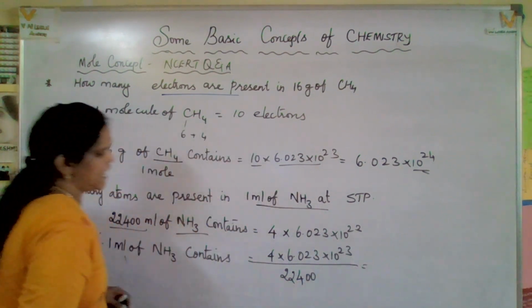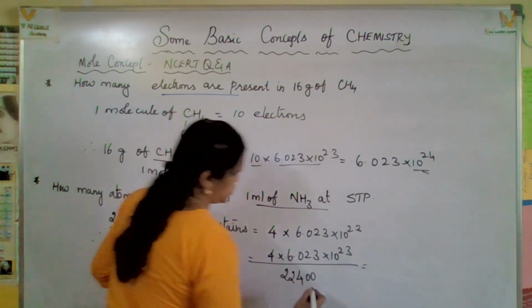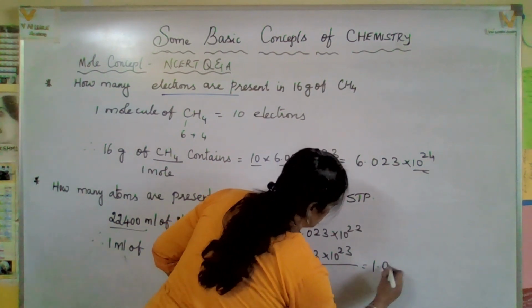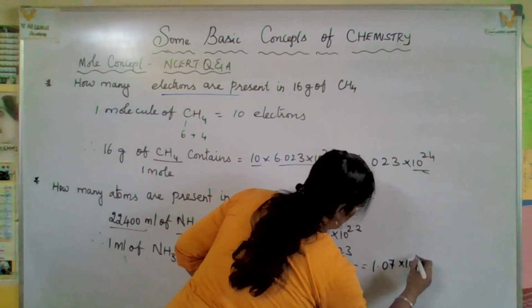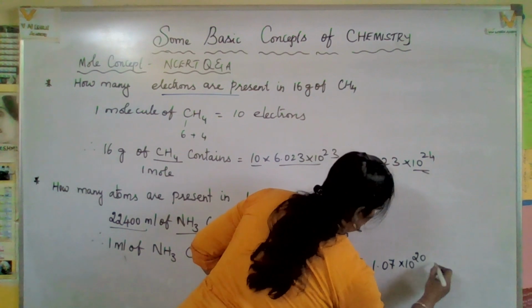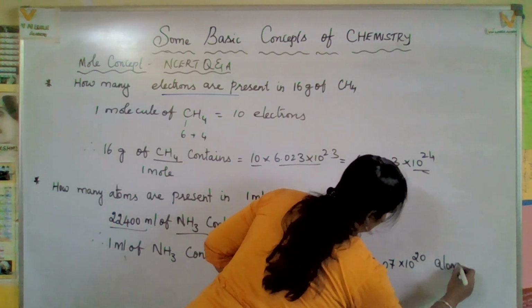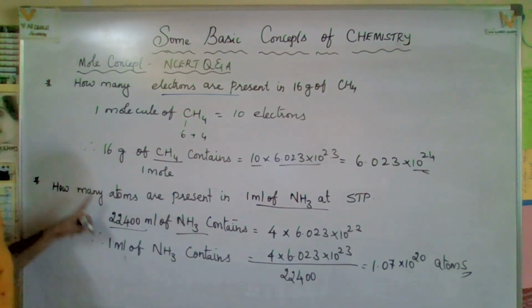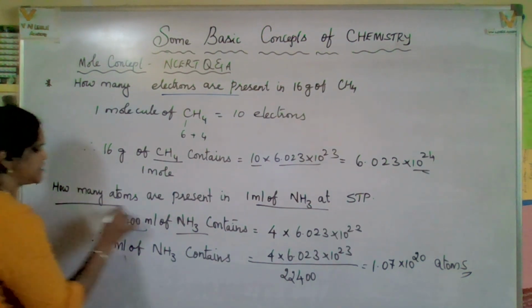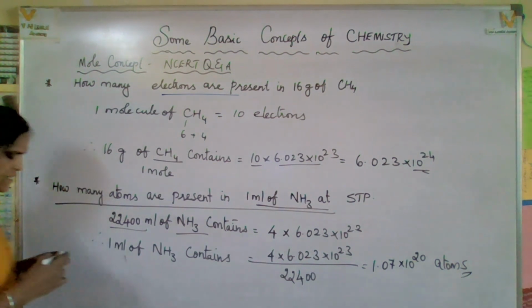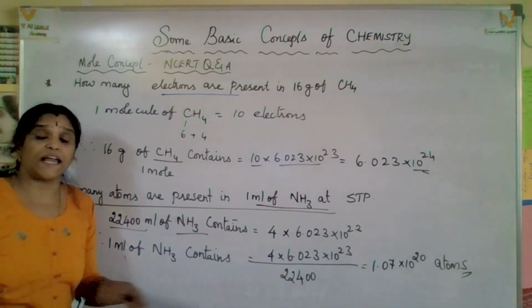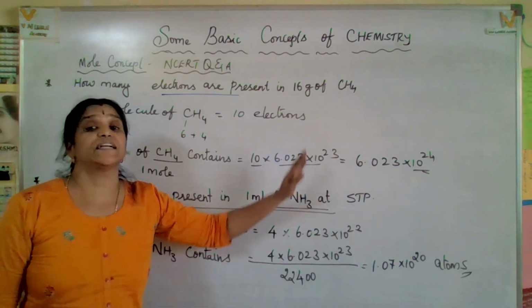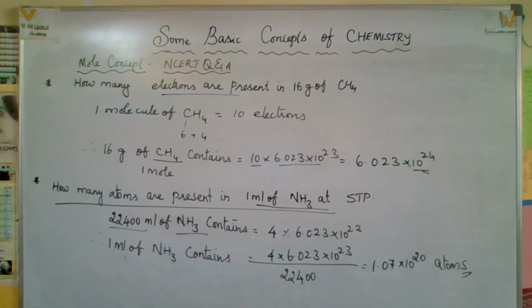So you will get the answer. How much? 1.07 into 10 to the power of 20 atoms. Hope you got a clear idea about how to calculate this question. Right? Yes. Now let us identify some more interesting and important questions.